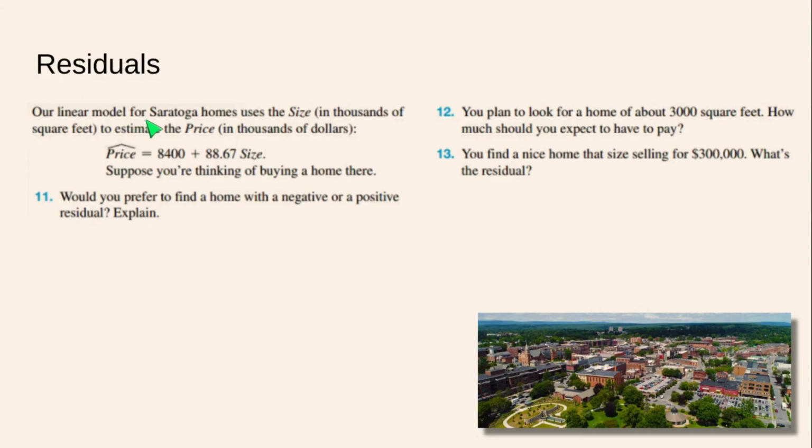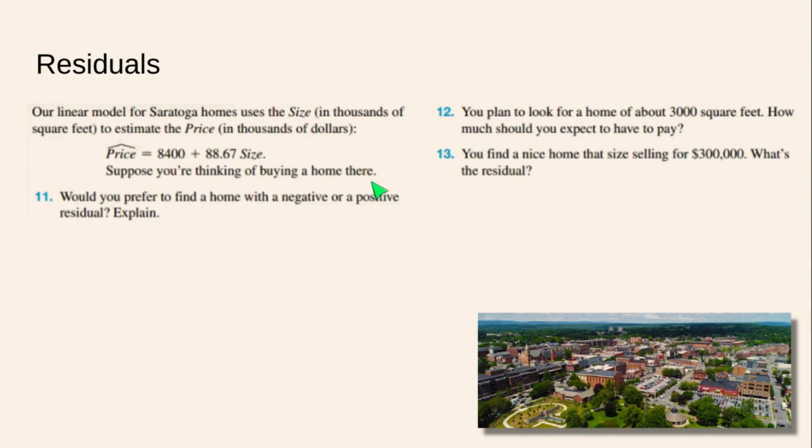So we're back to sunny Saratoga, New York. Our linear model for Saratoga homes uses the size in thousands of square feet to estimate the price in thousands of dollars. We are familiar with this equation at this point. Suppose you're thinking of buying a home there. You've heard so much about Saratoga, New York.